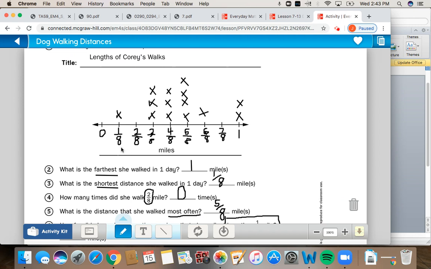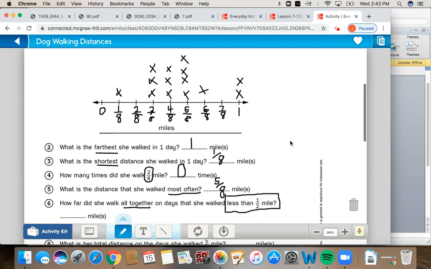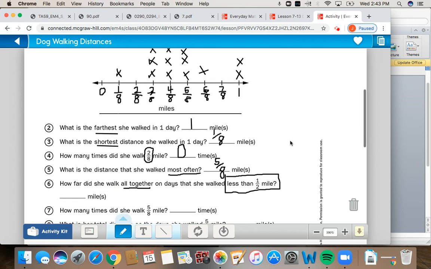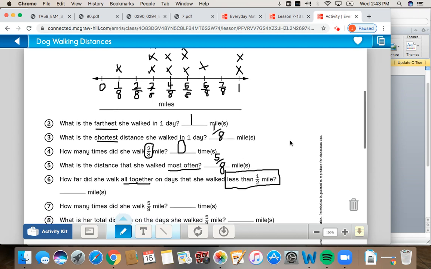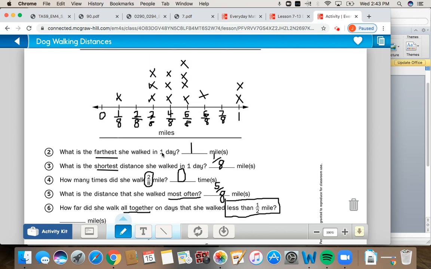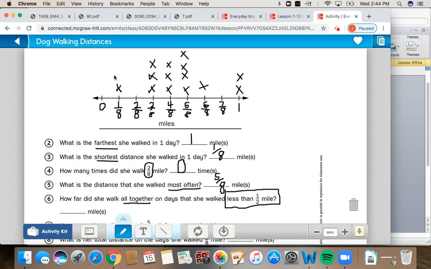Well, which one of my fractions here represents half a mile? Hopefully you said that 4/8 was our half a mile, but I want to know how far she walked all together on the days she walked less than a half a mile. So that would be all of these in here.